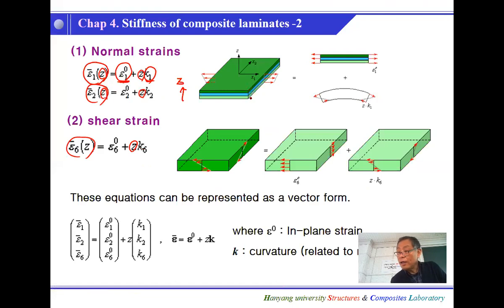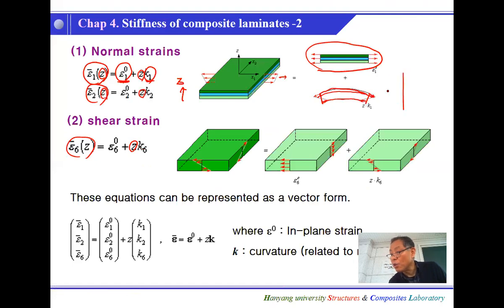So this one, let's say we are extending. This is the extending, uniform extension. And another one is bending. Bending is that this one is curved like that. So if the top is extended this much, and the next one extended this much, and the bottom is contracted.